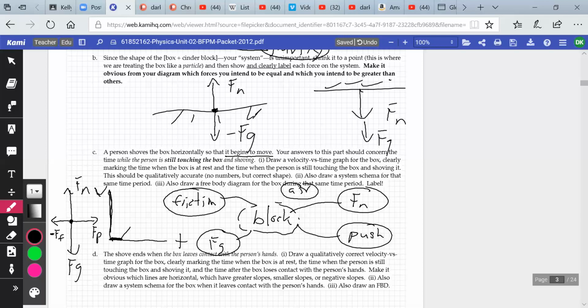So it's going to be accelerated from velocity equal to 0 to some non-zero velocity. So this is my VT graph, meters per second. If you have space, you can put meters per second there and time in seconds. So that pretty much answers that question. Any questions on that?